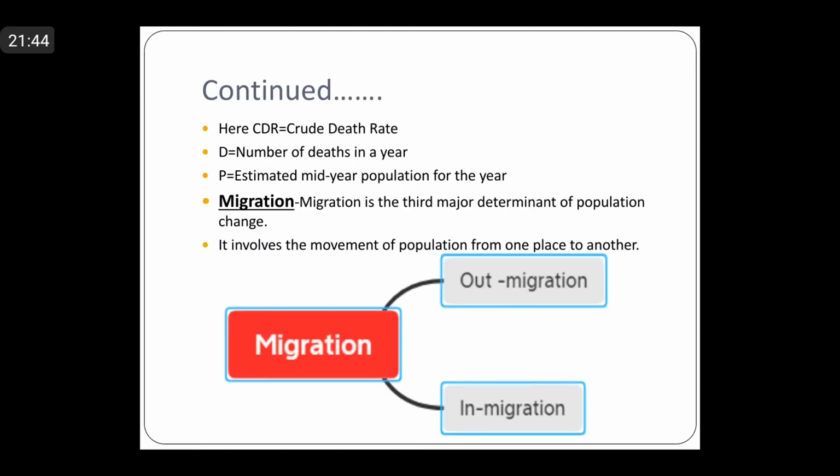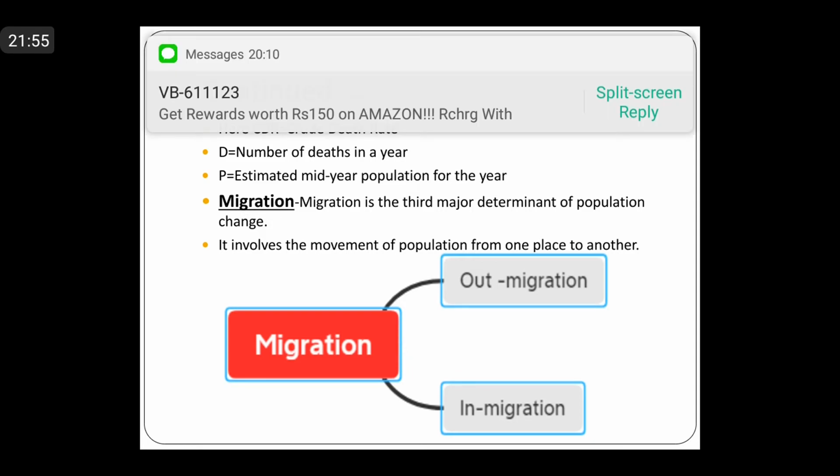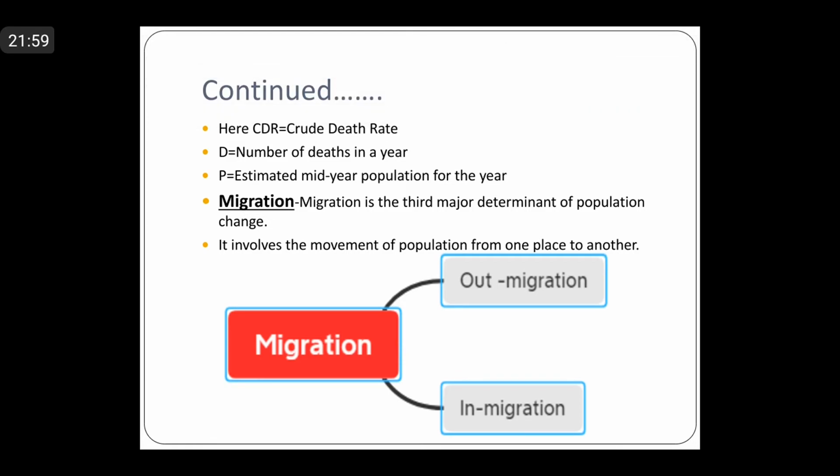So, this is the same thing I have just now explained to you here, written CDR. CDR, what is that? CDR is your crude death rate, and the D stands for number of deaths in a year, and P stands for estimated mid-year population for the year.